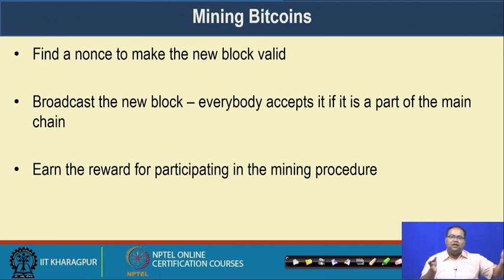That means having a certain minimum number of zeros at the prefix of the obtained hash value. So, you have to generate the nonce according to that, which is the mining procedure. Once you have got a new block, you broadcast that new block to your peers, and everybody in your peering system will accept that block if it is part of the main chain.